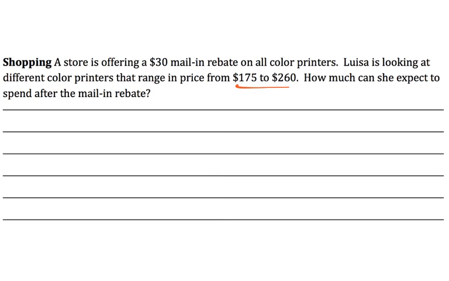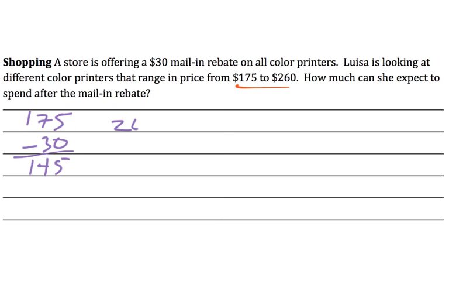Now, because this is a fairly straightforward word problem, let's jump in without inequalities because it'll help us understand the math. The way rebates work is that's the money you're going to get back. So if she spends $175, she's going to get $30 back, so she'll have spent $145.